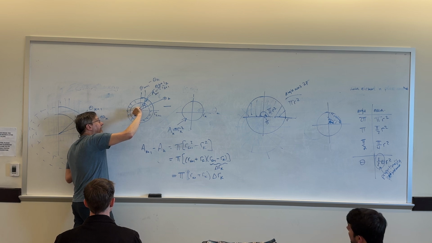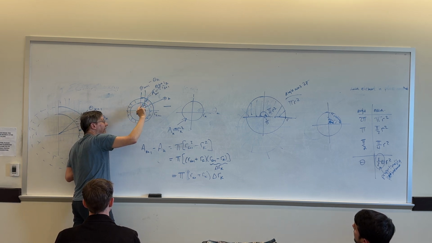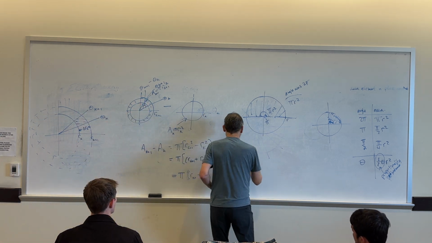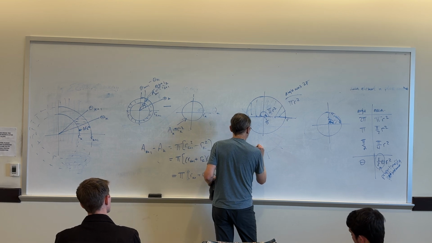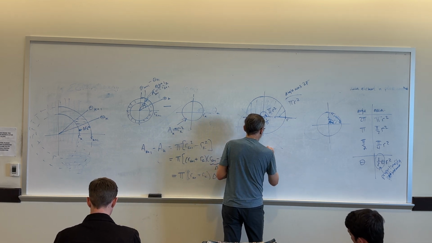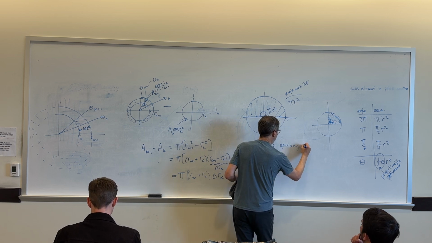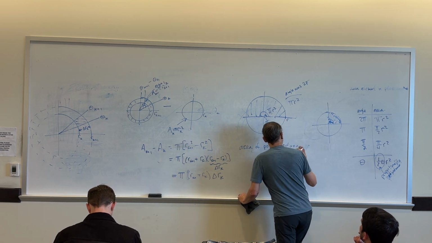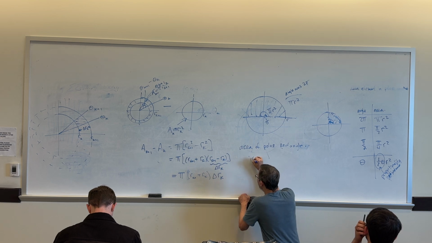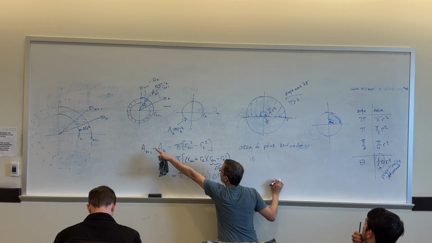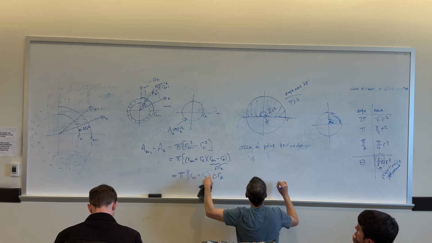And I'm going to take that same proportion here. So in other words, the area of the polar rectangle, let me write this up here. It's the area of that full annulus over there.